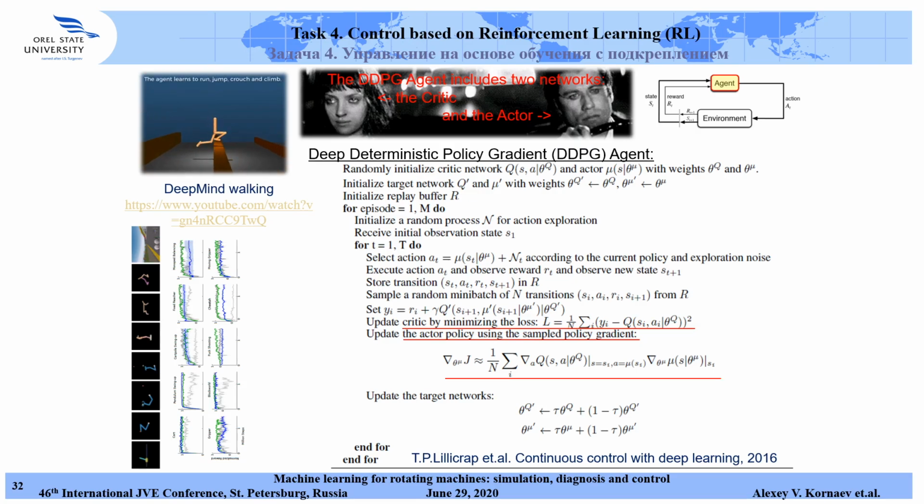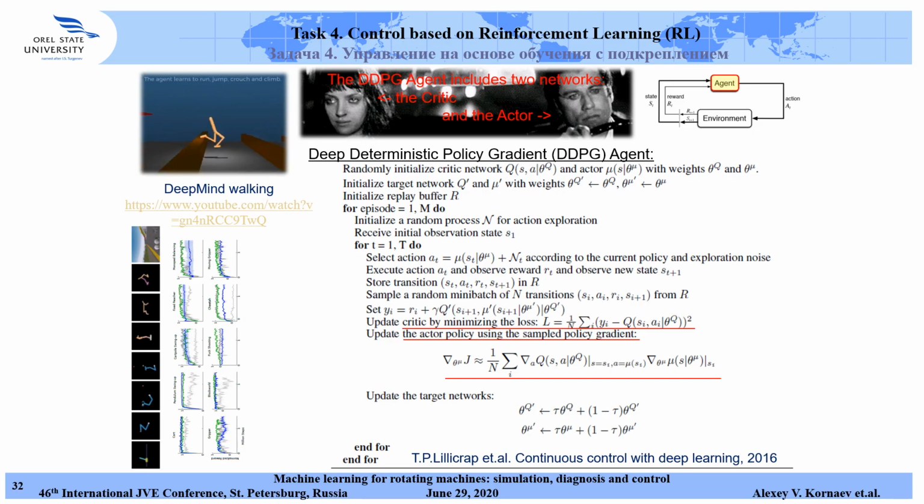In our task 4, we used a deep deterministic policy gradient agent, which was designed in DeepMind walking simulators in 2016 and in MATLAB Deep Learning Toolbox in 2019. The DDPG agent includes two networks, the critic network and the actor network.